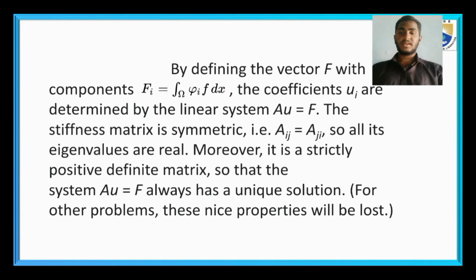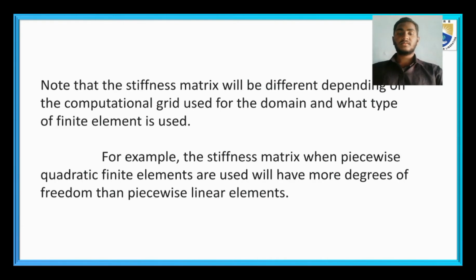The stiffness matrix is symmetric, that is aij equal to aji, so all its eigenvalues are real. Moreover, it is a strictly positive definite matrix, so that the system Au equal to f always has a unique solution. For other problems, these nice properties will be lost.